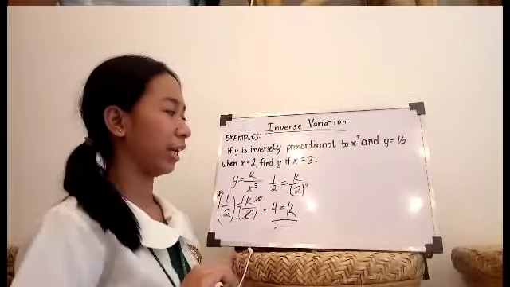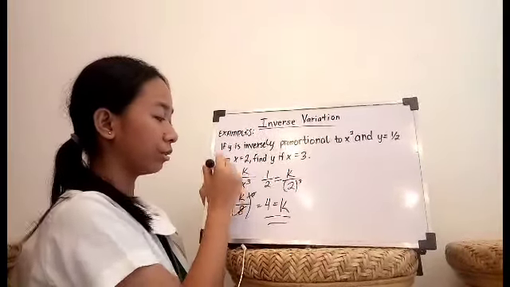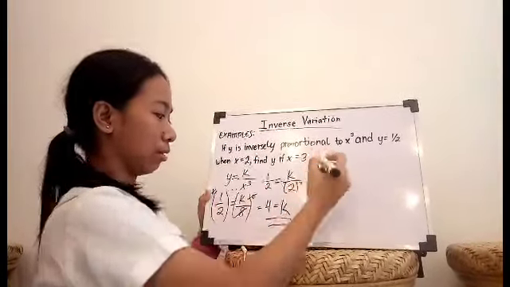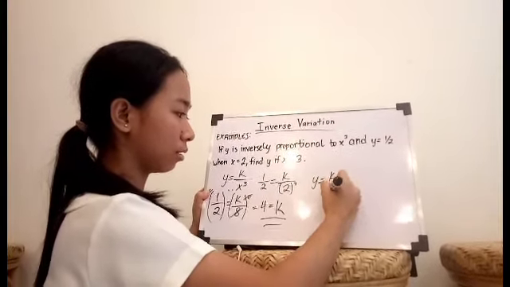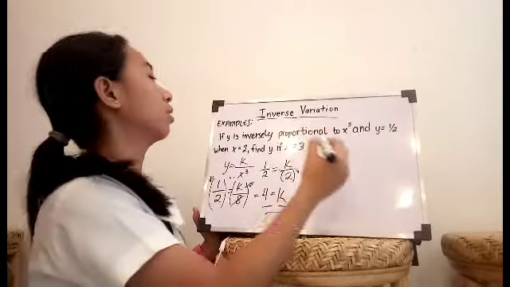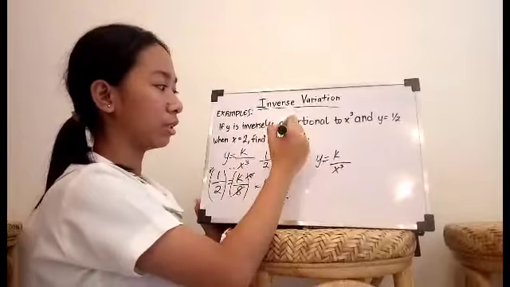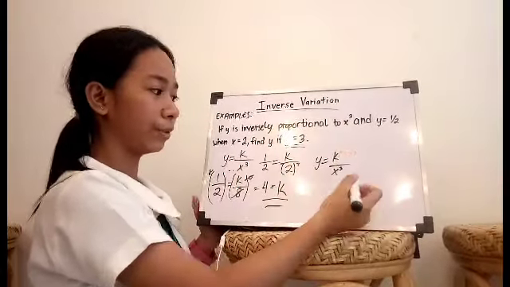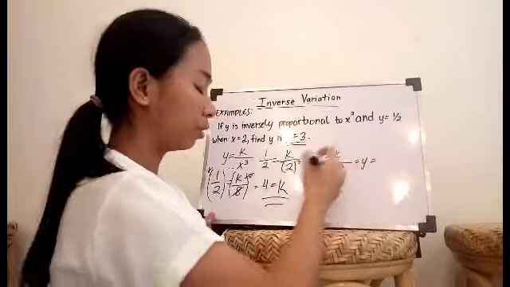Now that we have k, let's find y. So we're going to use this formula again, which is y equals k over x cubed. And then let's substitute the values again, which is x is equal to 3, and y is equal to, what is our k?